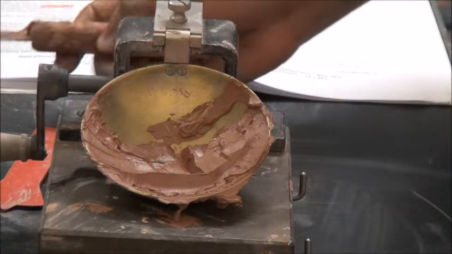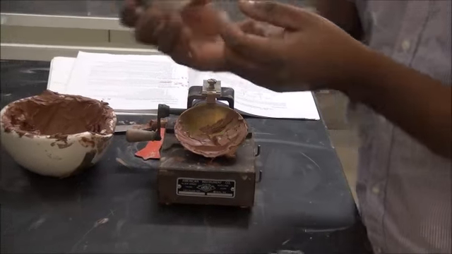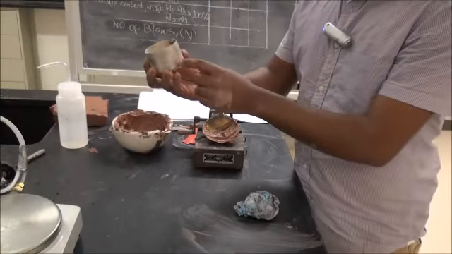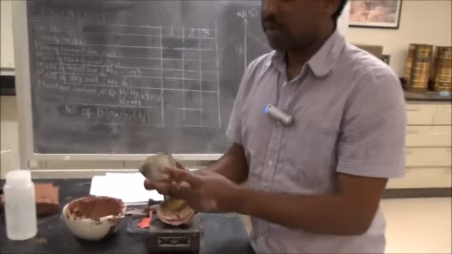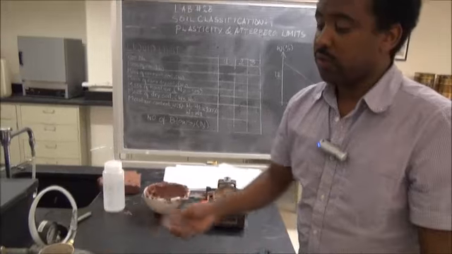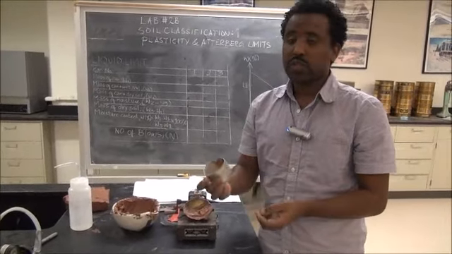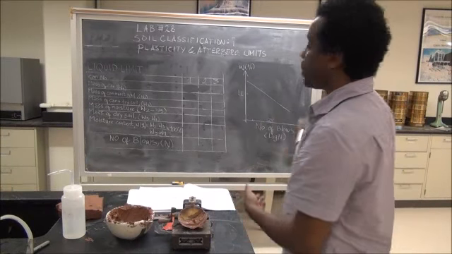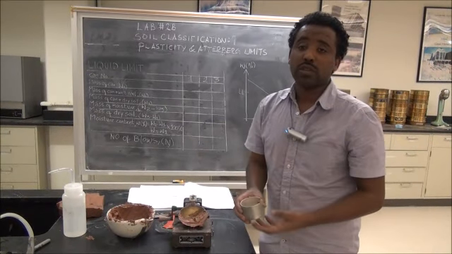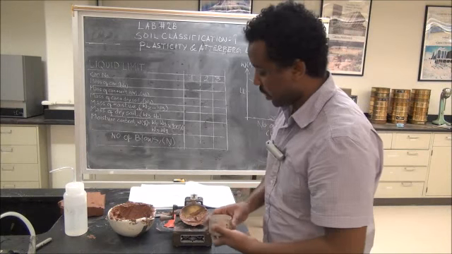Once you take out the sample, make sure that you first measure the weight of the moisture can, and you also take the weight of both the sample and the moisture can. Once you do that, you put it into the oven for the moisture content determination, or for water content determination.